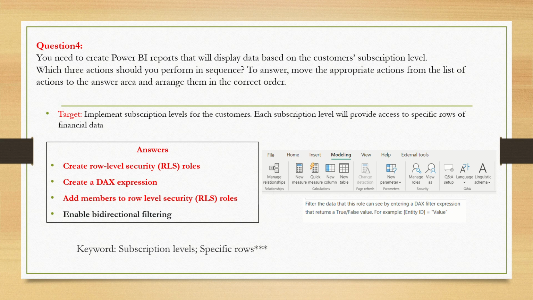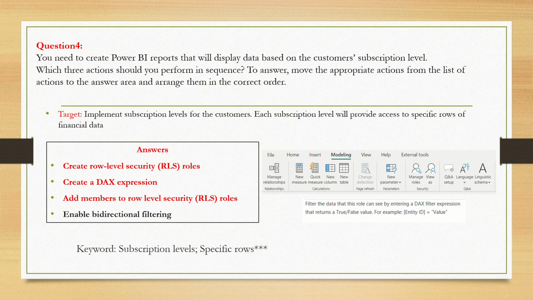Why is this important? Because this can tell us the difference between static RLS and dynamic RLS. The static row level security and dynamic row level security. And when you have subscription levels, that means we are grouping the customers.